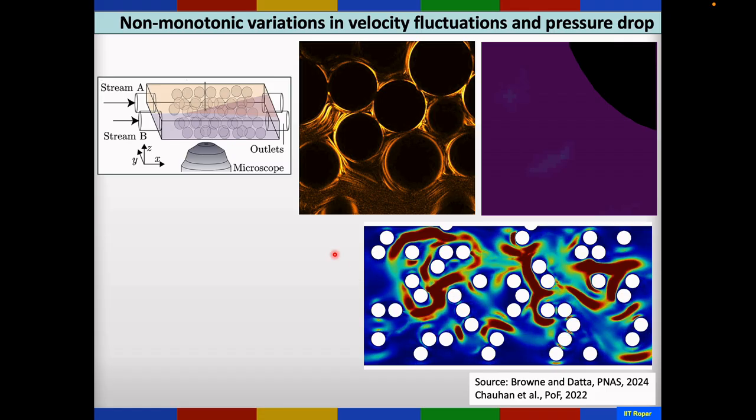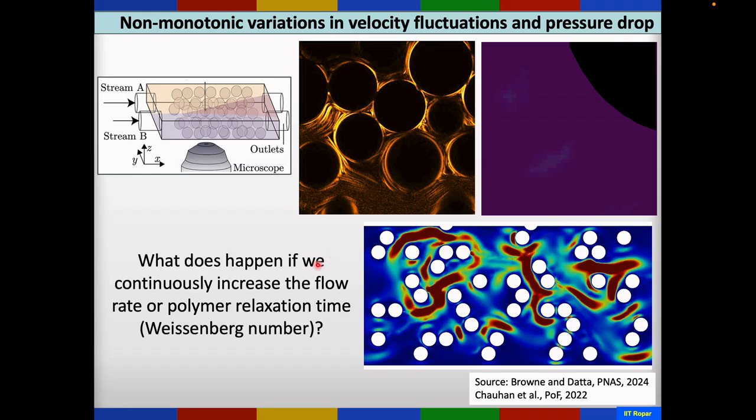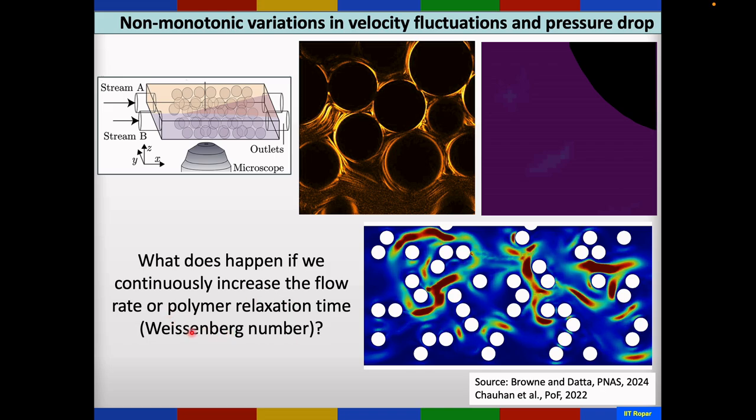Now we asked a very simple question: what happens if we continuously increase the flow rate or polymer relaxation time, which is ultimately related to the non-dimensional number called the Weissenberg number? Will this chaotic fluctuation keep increasing as we continuously increase the flow strength or polymer relaxation time, or will it reach a saturation stage? That is the simple question we asked.